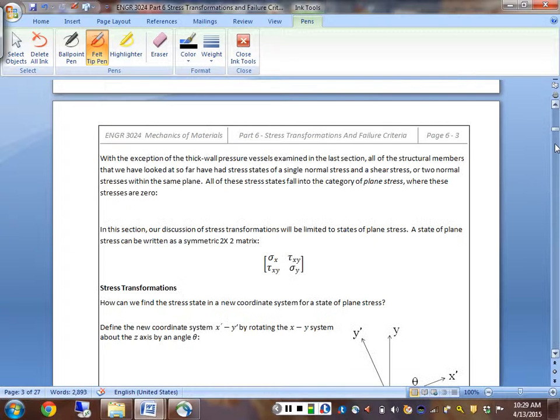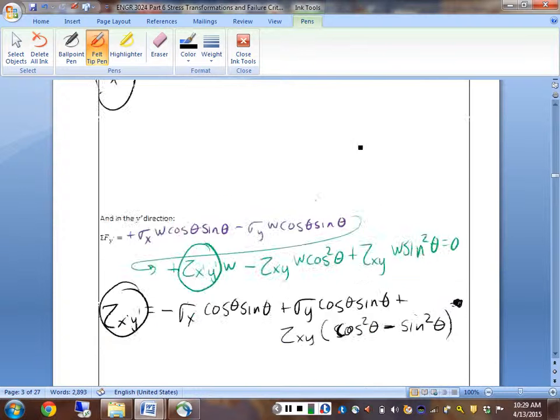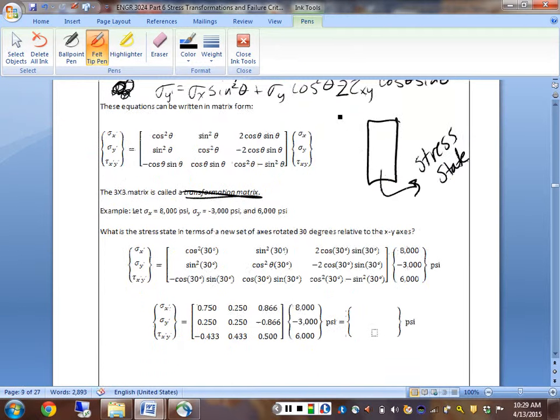So now if I scroll back down, if you solve one of the problems and see, okay, I end up with a sigma x equals something, a sigma y equals 0, and a shear stress equals something, like the flagpole problem that we did at the end of last time, we ended up with one normal stress and one shear stress.